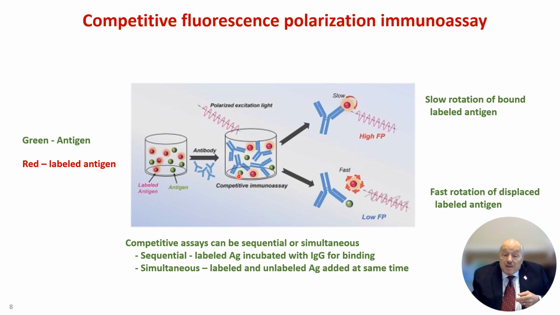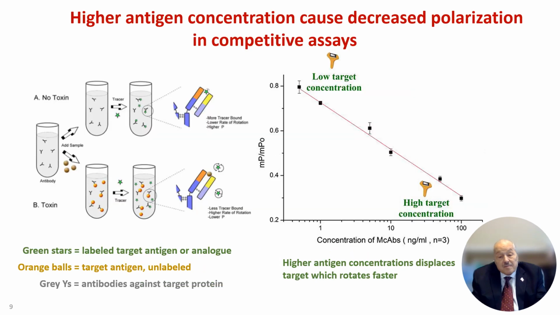So every time an unlabeled antigen binds to the antibody, it displaces the labeled one, and the displaced one rotates faster, and overall the anisotropy goes down. You might want to look at this slide a couple of times to get it internalized. It's easy to mix up antigens and antibodies, and antibodies against antibodies, and all of those things.